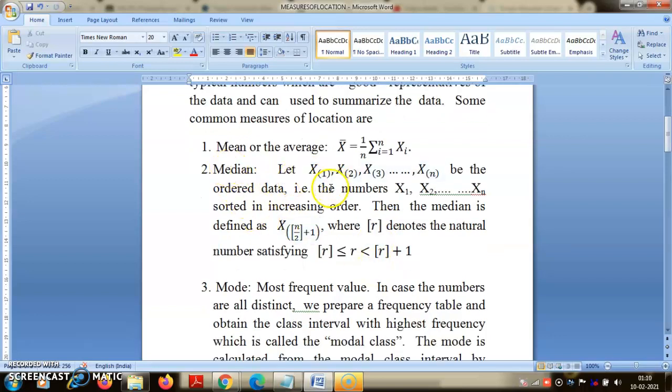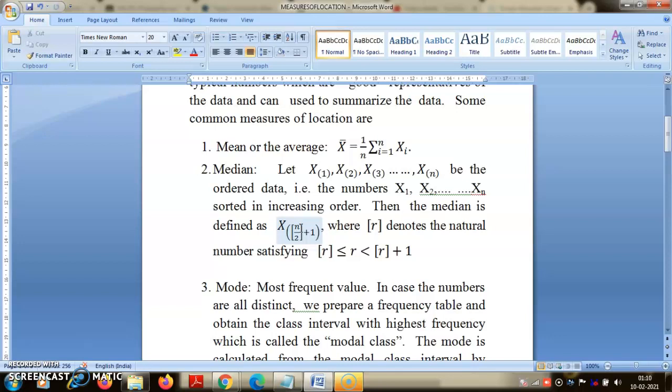Okay. What you do is that you sort these numbers in increasing order, and the middlemost value will be this number. So if n is 100, then it will be the 51st observation when sorted in increasing order. If n is 30, then it will be the 16th number.